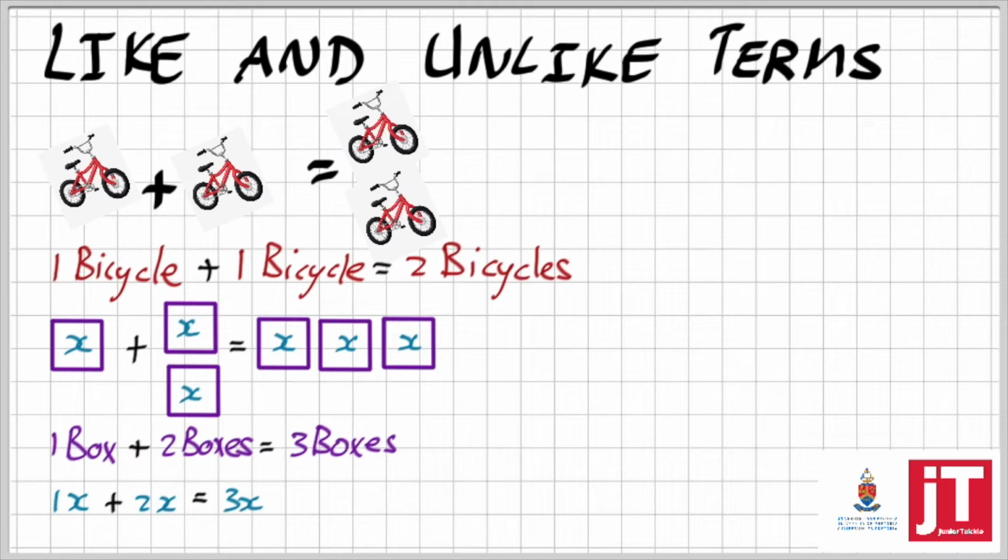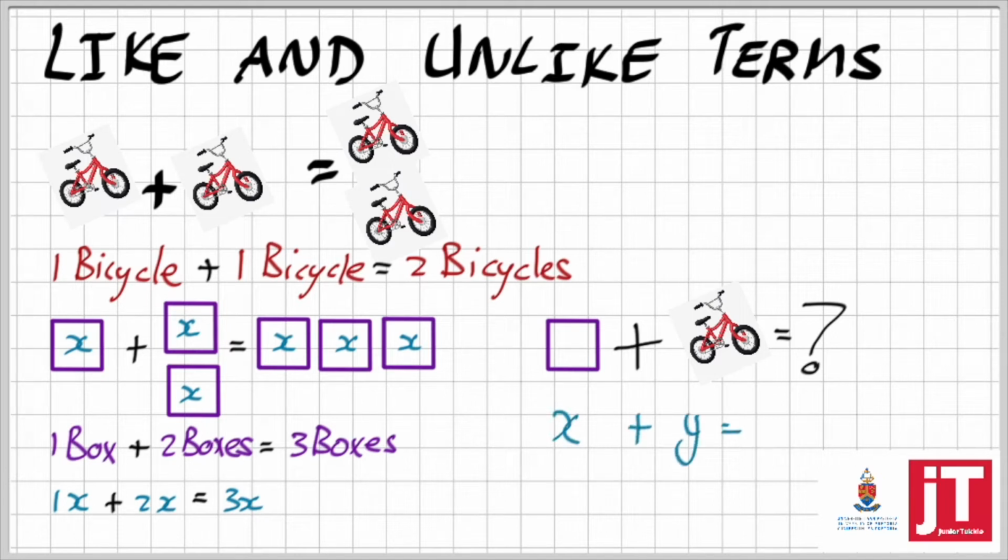But what if I try to add a box plus a bicycle? What kind of a sum is that? Well, ladies and gents, it's exactly the same principle of saying X plus Y. I cannot add them together because it is two completely different things.